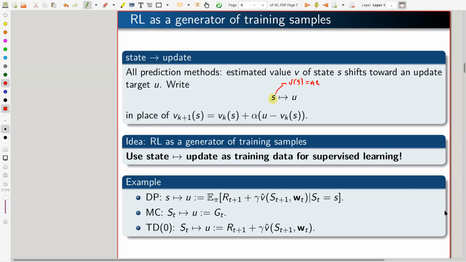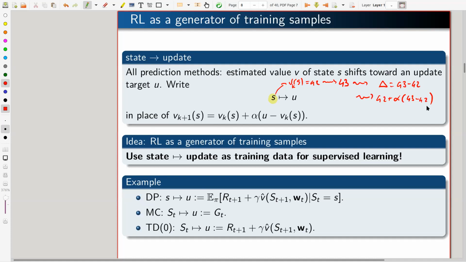I find a new value, if this was VK, I found a new estimate, let's say 43. Then if you remember, I formed the error that was 43 minus 42. That was the target, the obtained new estimate, minus the previous value. And then the new value was just 42 plus a certain learning rate times this error.